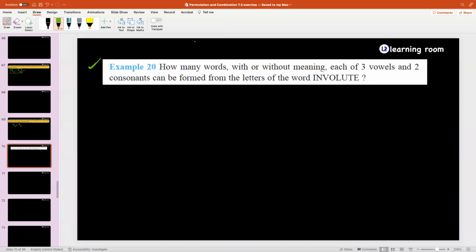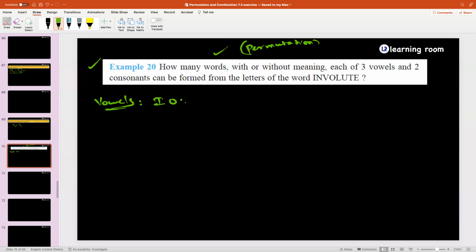Listen. First of all, tell me, is this a problem based on combination or permutation? It is based on permutation. Right? How many words with or without meaning, each of 3 vowels and 2 consonants, can be formed? So that word should be a 5-lettered word, for which you need to have 3 vowels in it and 2 consonants in it. First of all, let's calculate the vowels in the word that is given to us. What are they?